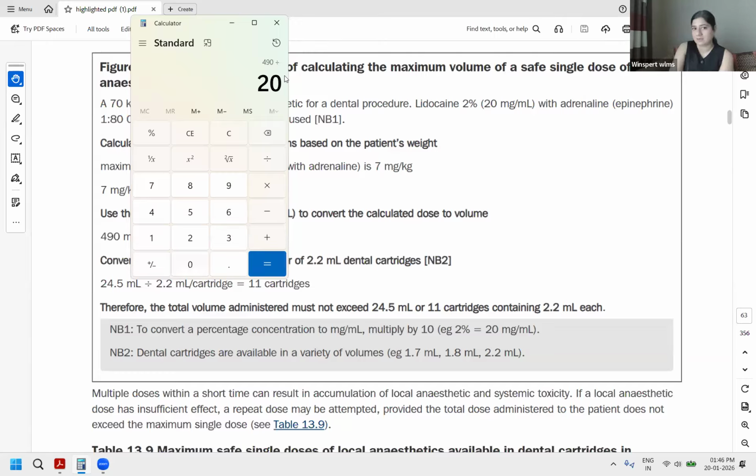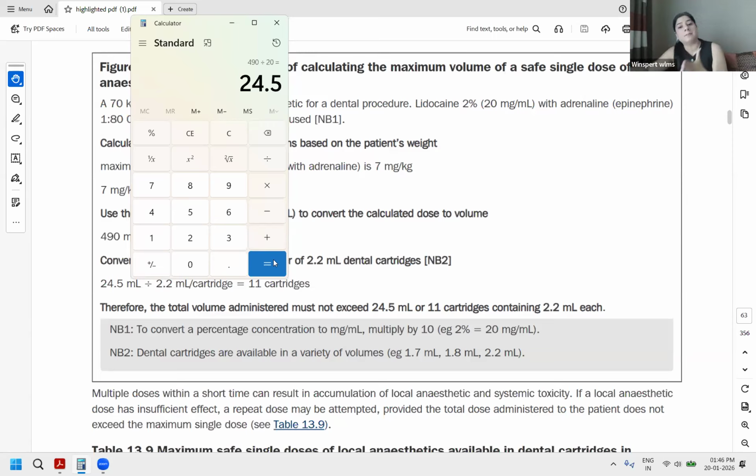And then this is your total mL that you can give. So this, my friend, is the math for total mLs: you multiply the weight by the maximum allowed dose per kg, and then divide by the percentage factor. For lignocaine, it would be divided by 20.